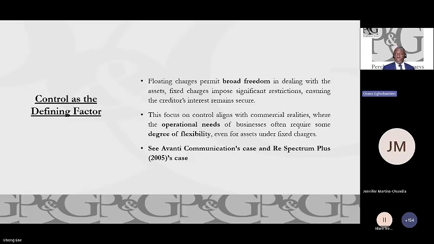Whereas a fixed charge, remember the origin used to relate to a fixed asset. And that fixed asset, there's nothing that the lender can do with it, like a machinery, it is there. With a fixed asset, control is fully and completely with the lender.